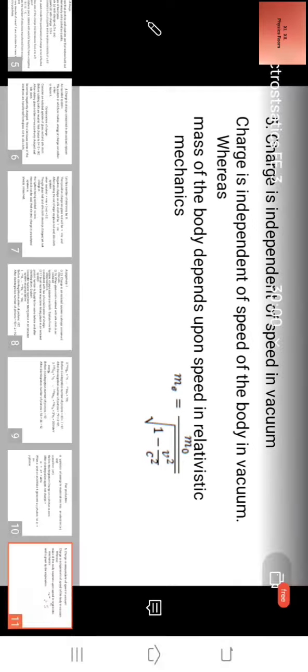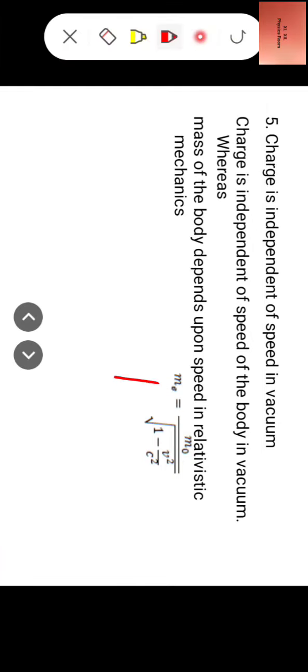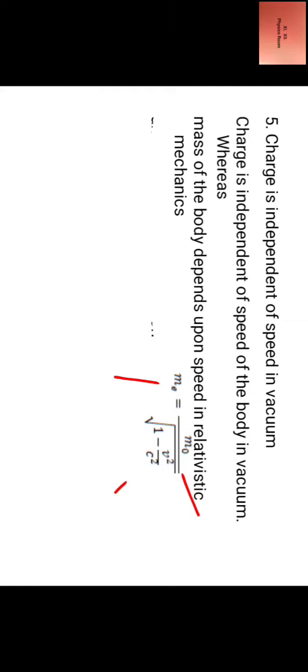So its effective mass is equal to rest mass divided by the square root of 1 minus v squared by c squared, given by the expression me = m0 / sqrt(1 - v²/c²), where me is the effective mass and m0 is the rest mass.